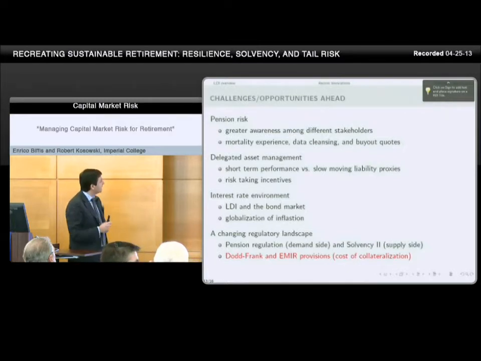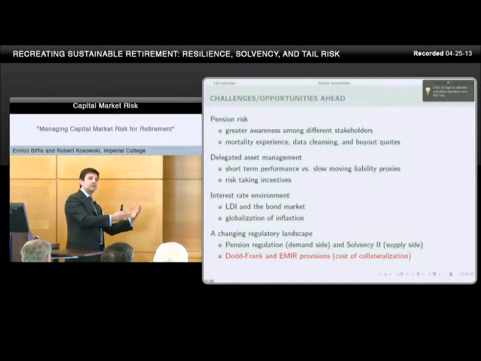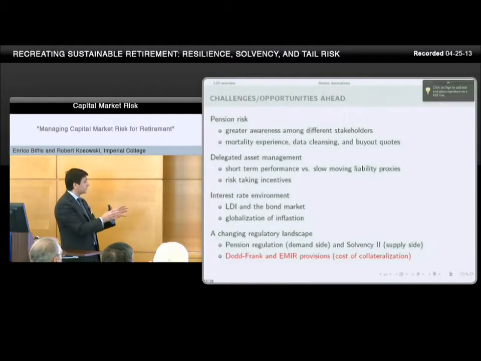And finally, what I'm really interested in is the change in regulation. So perhaps the most important things, if we look at the biomarker, for example, or LDI more generally, are pension regulation and accounting standards. They're presumably going to provide a big push on the demand side for some of these solutions, refocusing asset allocation towards liabilities.